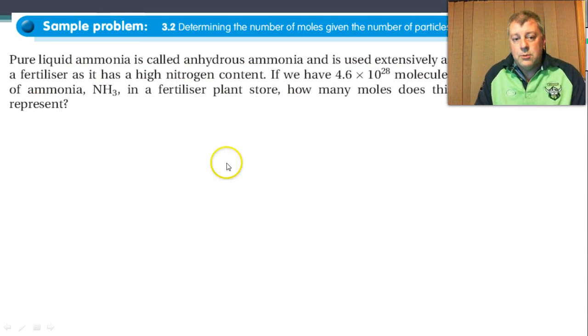Let's do another example, determining the number of moles given the number of particles. Pure liquid ammonia is called anhydrous ammonia and is used as a fertilizer because of its high nitrogen content. If we have 4.6 times 10 to the 28 molecules of ammonia, NH3, in the fertilizer plant store, how many moles does this represent? We've got the number of particles and we want the number of moles.